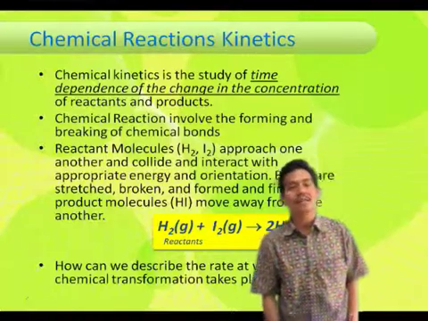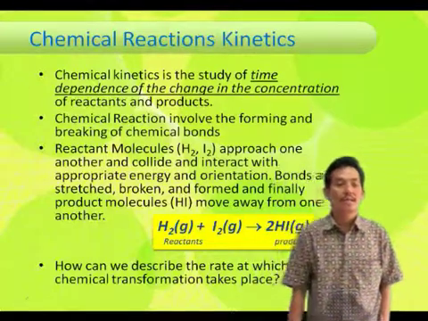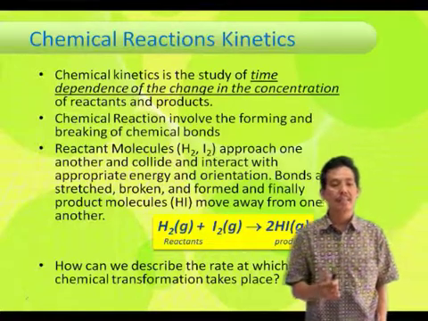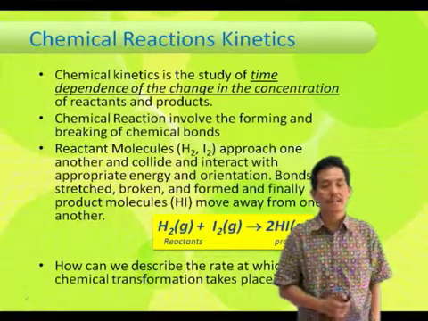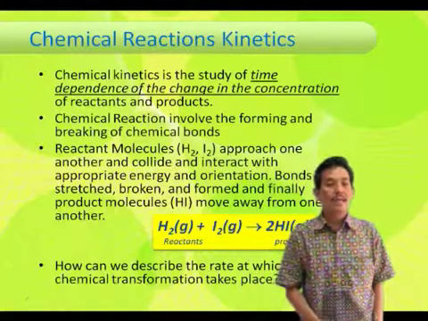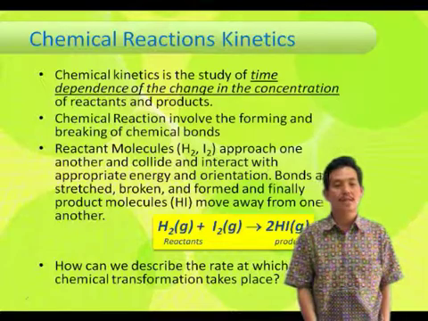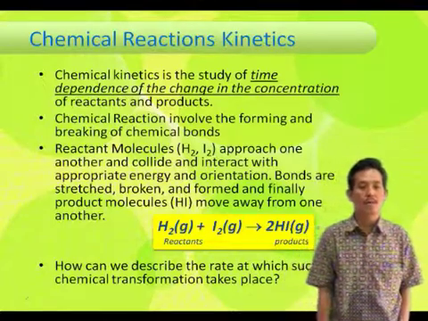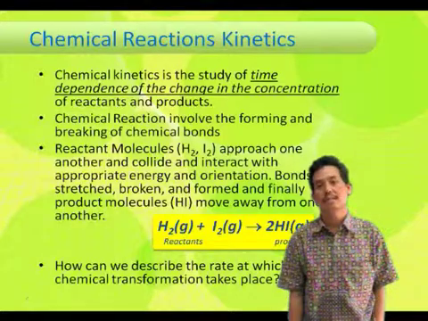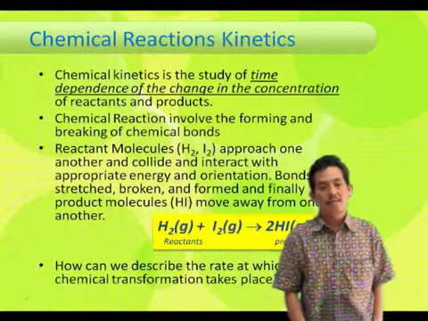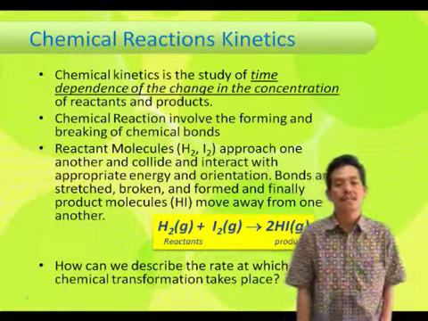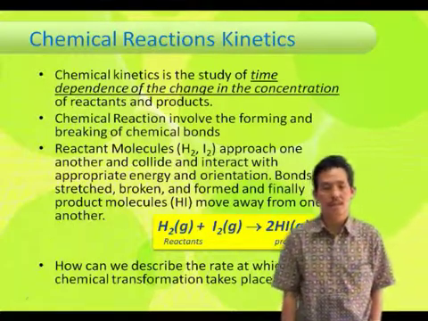So a chemical reaction involves forming and breaking of chemical bonds. Reactant molecules, in this case H2 and I2, approach one another and collide, as well as interact with appropriate energy and orientation.